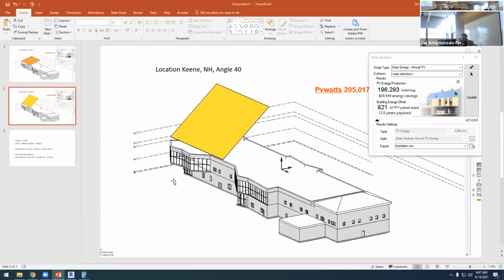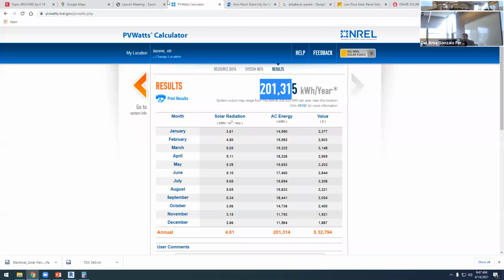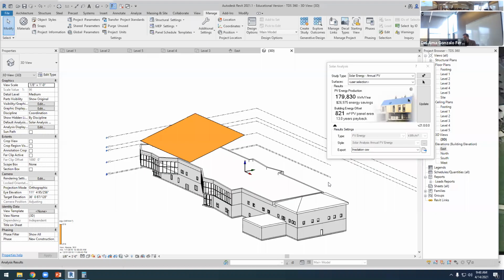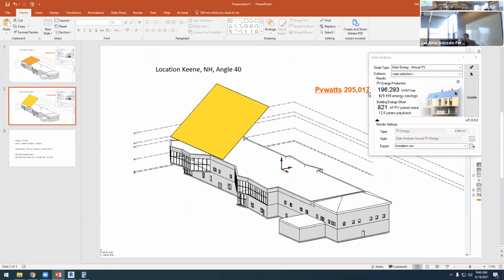So probably it depends on the angle, because this is not exactly 180. 180 would be the best. Okay, so we have this angle, it's not perfectly horizontal. And anyway, I will take the lowest value. So if the lowest value is 196, okay, between 196 and 200, kind of.